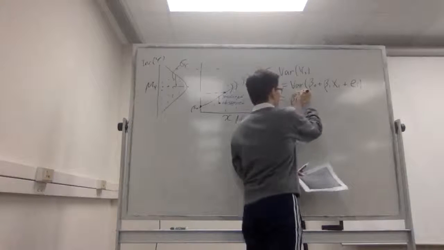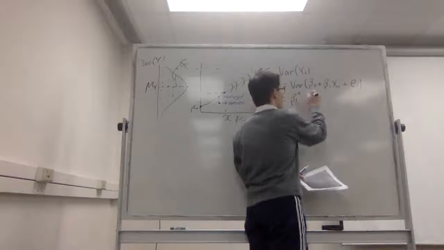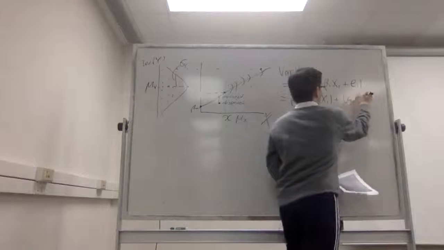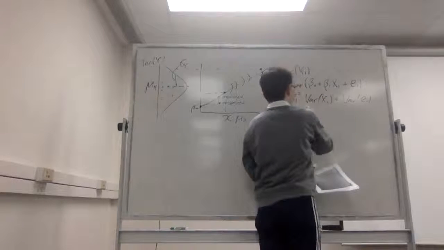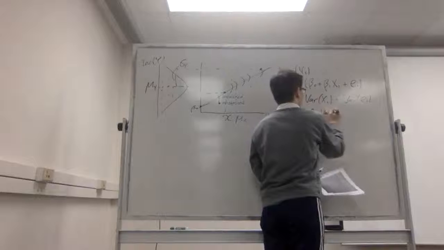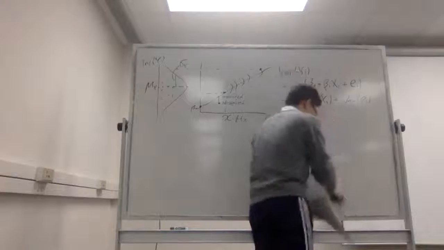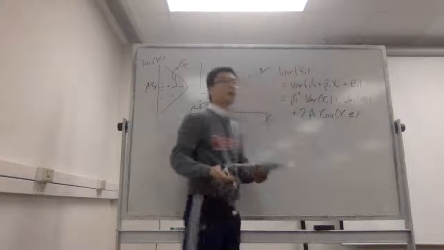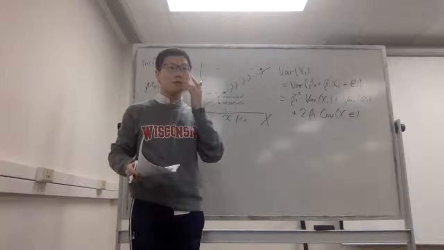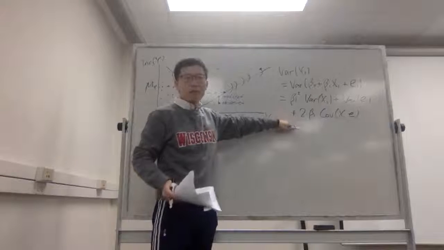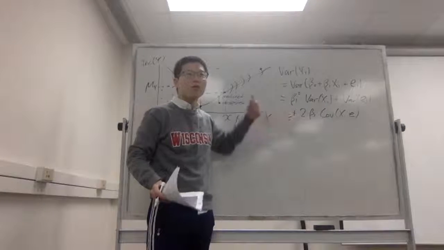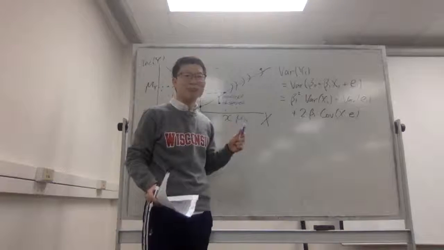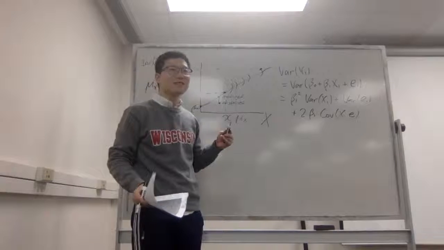And then this becomes beta 1 squared times the variance of xi, plus the variance of ei, plus 2 beta 1 times the covariance of x and e. Do you follow that part? Let me know if you have problems with that. Okay?